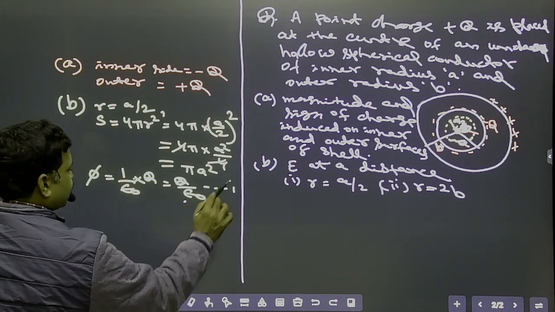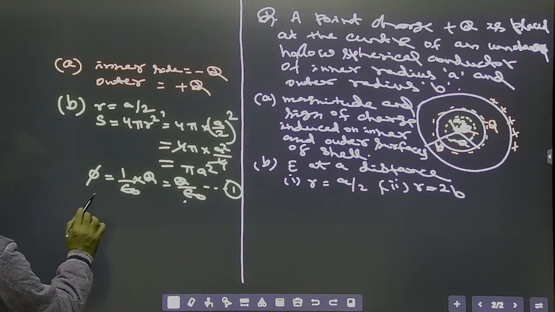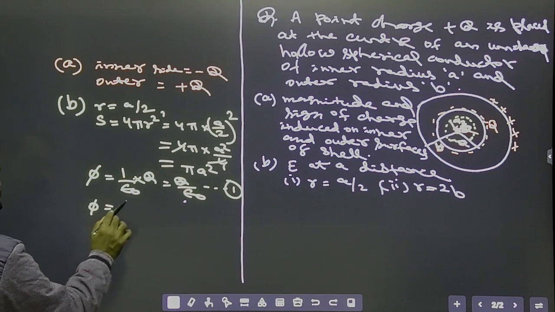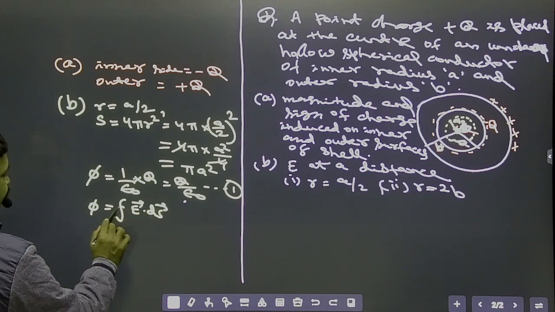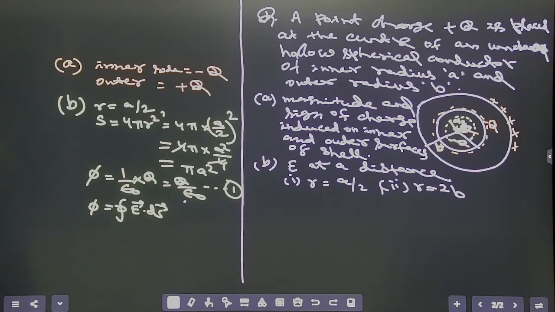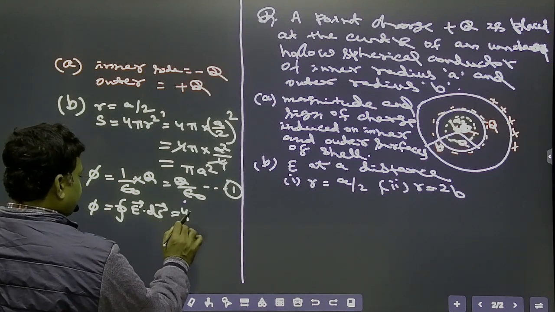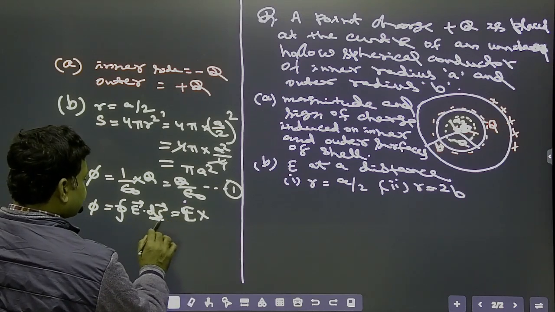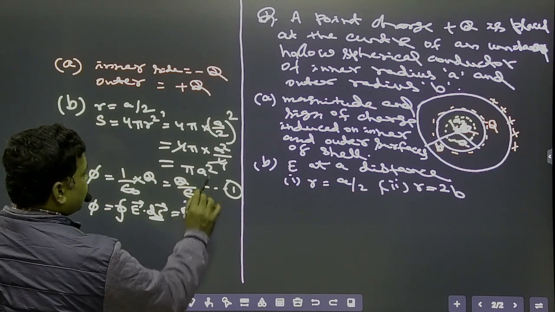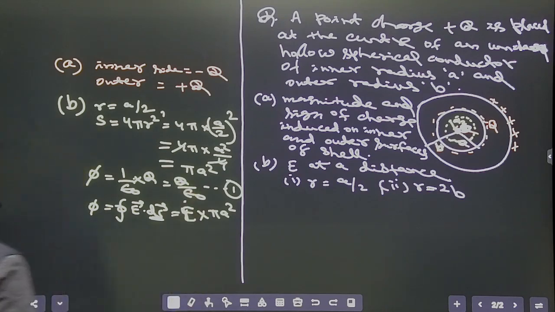This is the first part. The second part is how to find this flux in the other way. This flux will be equal to the surface integral of the electric field intensity. So we can write this as E into the surface area, which is pi A square, as we have already found.